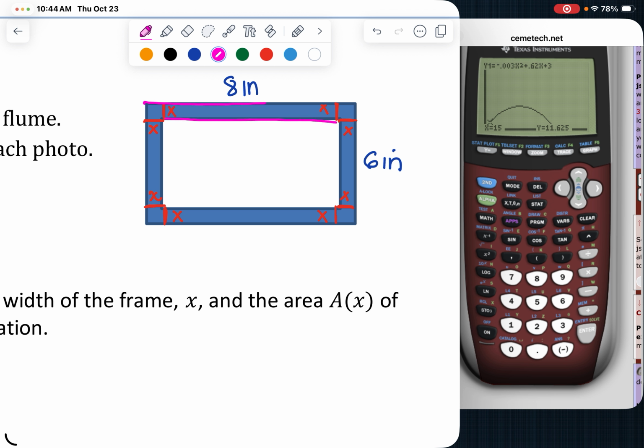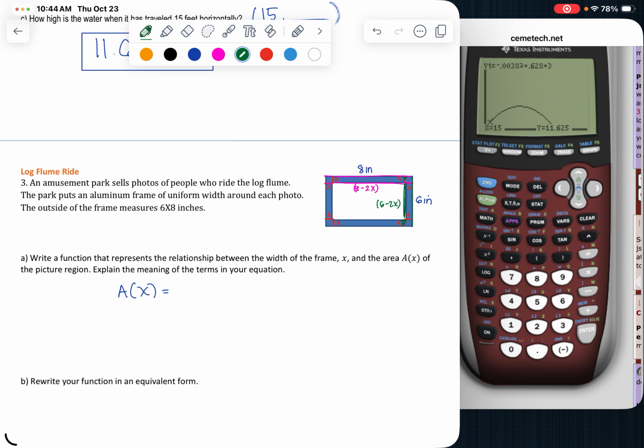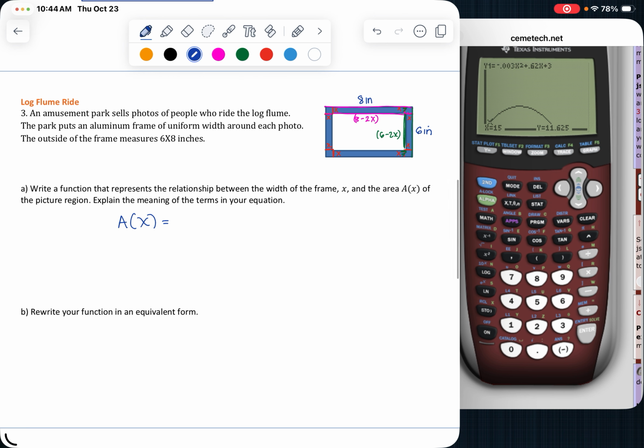Now, if you look right here, the whole thing is 8, but I got to get rid of this and this. So that's 8 minus 2x. And then the same idea for the width. Like this is 6, but I just want this part right here, so I got to get rid of this and this. So that is 6 minus 2x. So my equation is going to be length times width, 8 minus 2x times 6 minus 2x equals A of x.